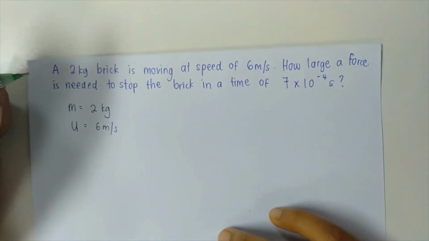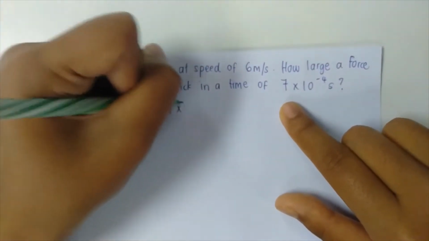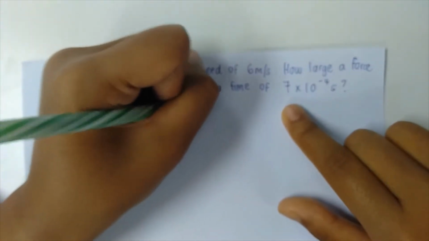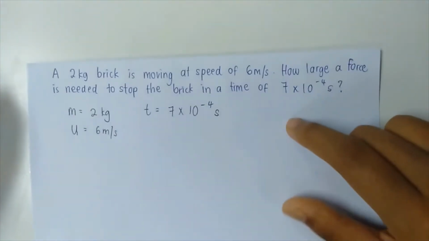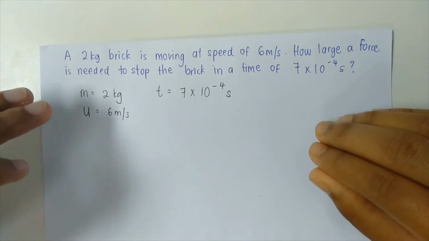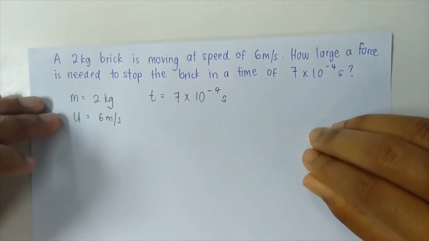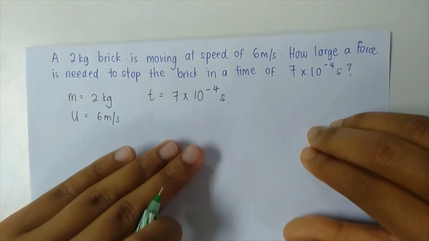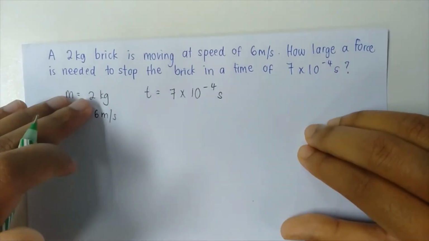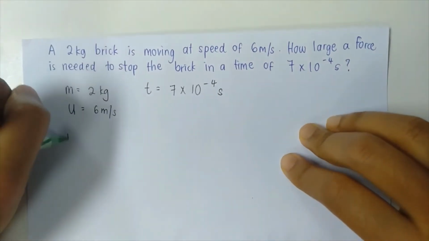And the time equals to 7 times 10 power of negative 4 seconds. Based on the information, we know that it has the time, the initial speed, and the mass. So the formula that we can use is the impulsive force.